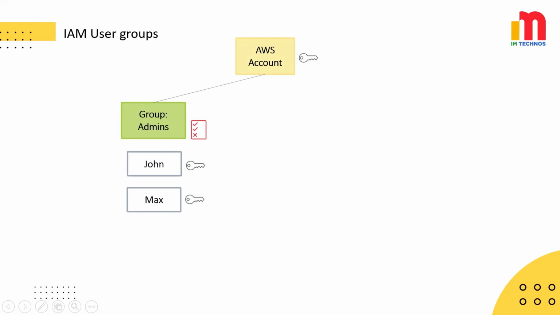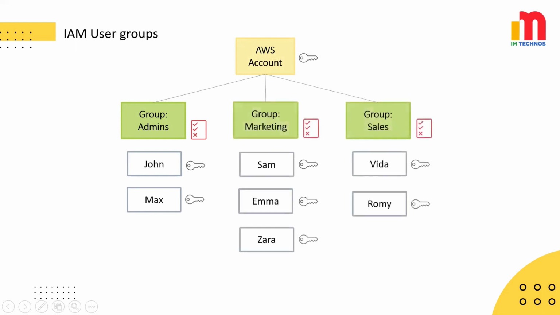Similarly, we can create multiple groups with different users. And if someone switches roles in your organization, instead of editing the individual permissions, you can remove them from the old group and add them to the appropriate new user groups. This keeps things organized and efficient.